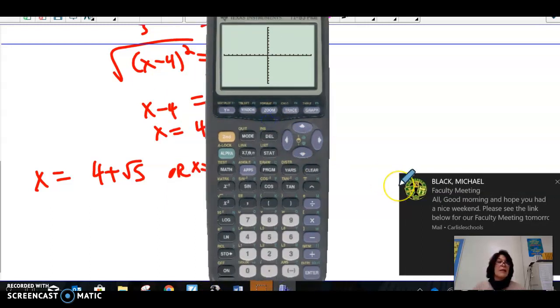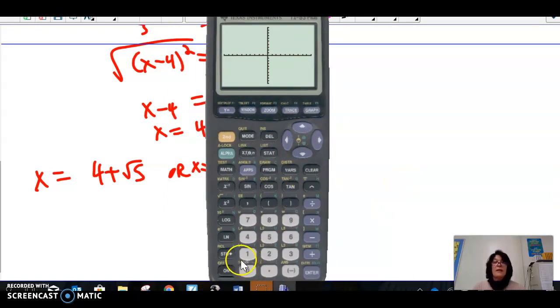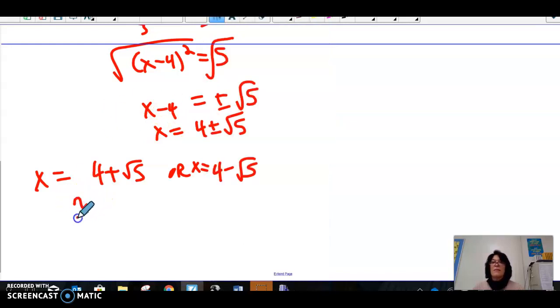If I want to see what that is, let's see, clear this off. Can I quit, please? Okay, sorry, not letting me get out of there. Let's see what that is. 4 plus the square root of 5. So that's about 6.236. Okay, 6.236 about.